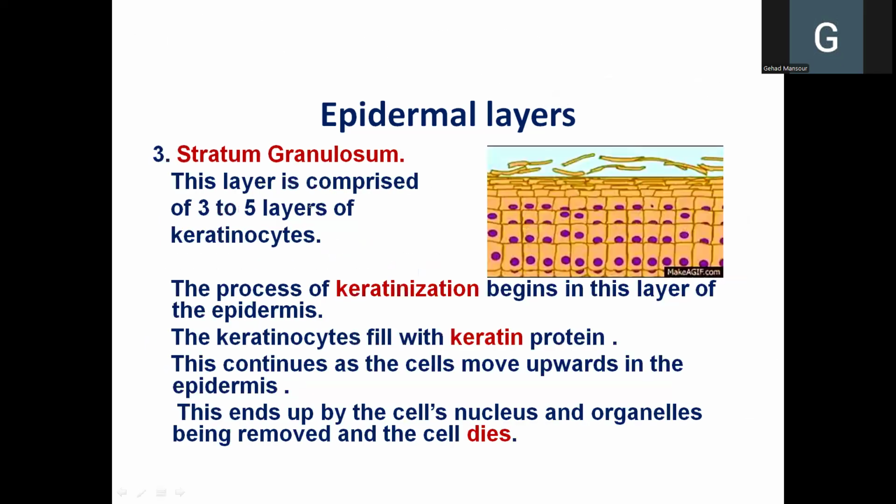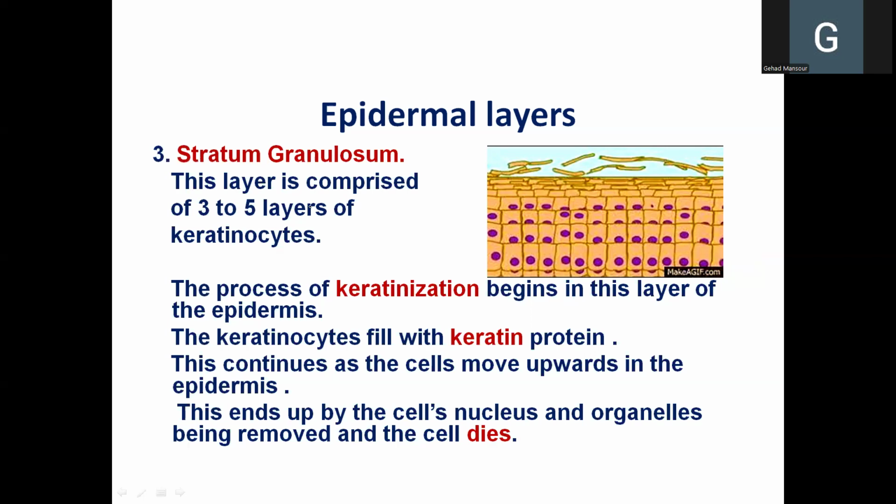The third layer of the epidermis is above the prickle cell layer and is called the stratum granulosum, or the granular layer. As you can see, it consists of several layers, usually 3 to 5.